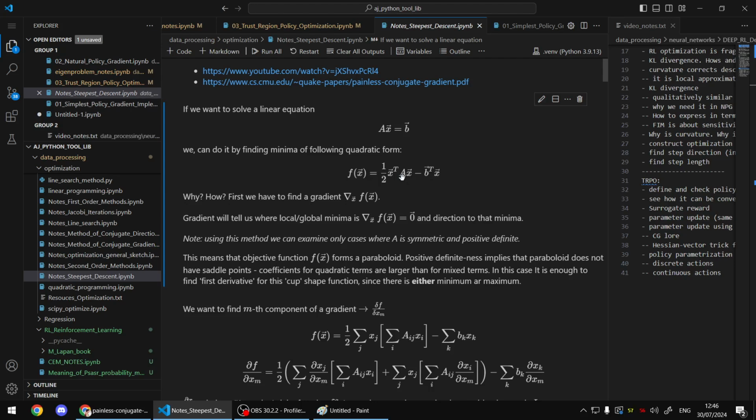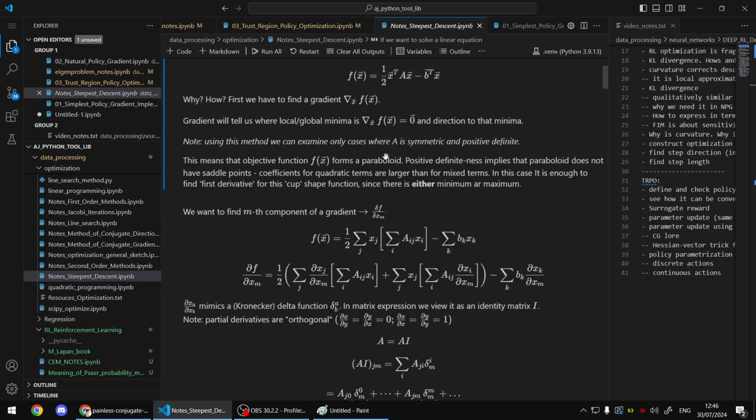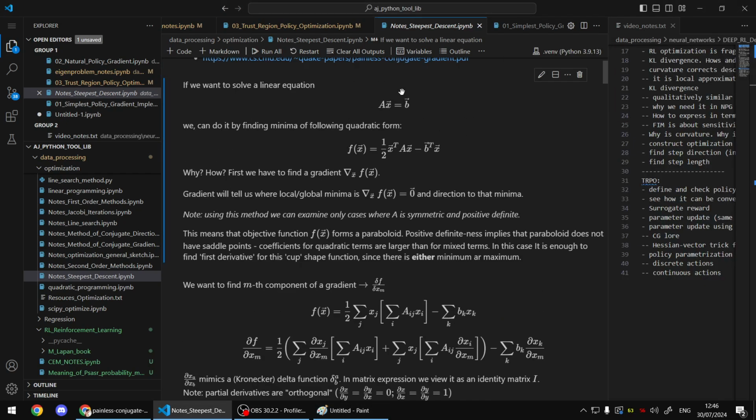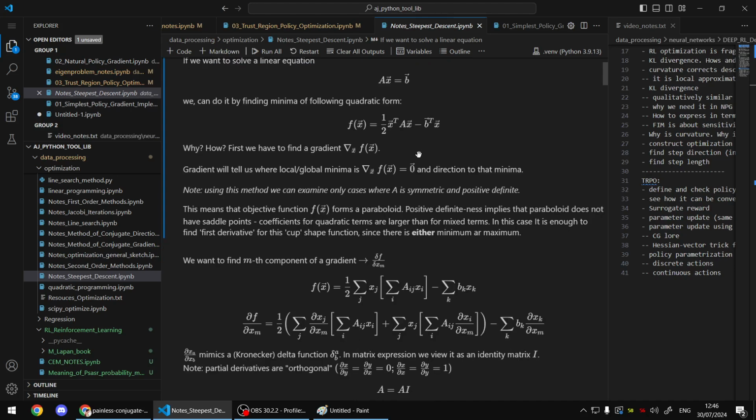In two dimensions, it would be a paraboloid, what it's called. So that's the idea, which should transform this Ax = b into some kind of quadratic function, and then we turn it into an optimization problem.